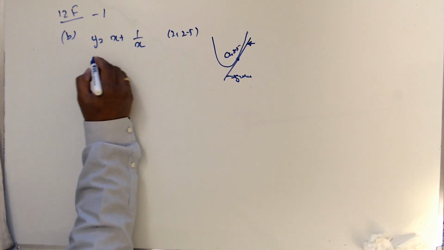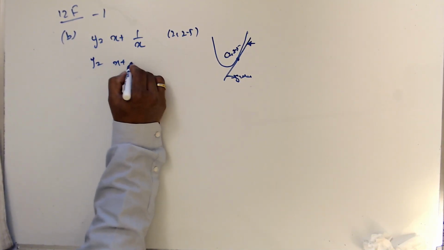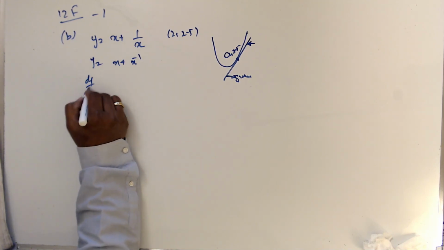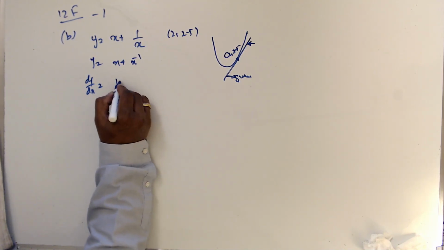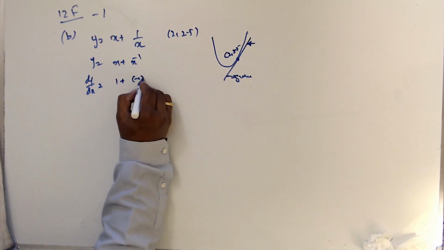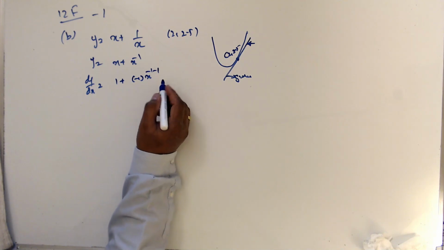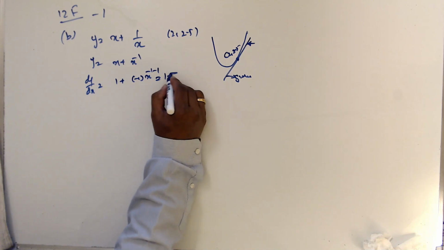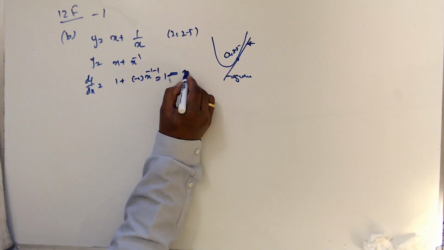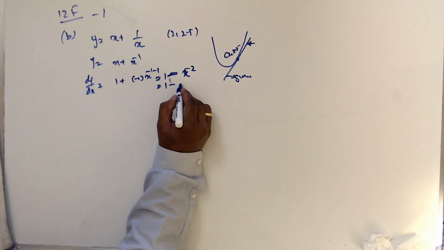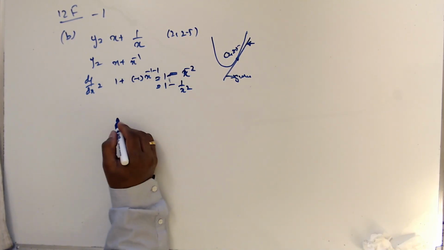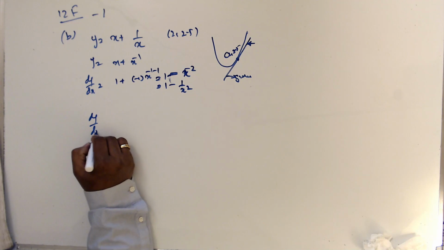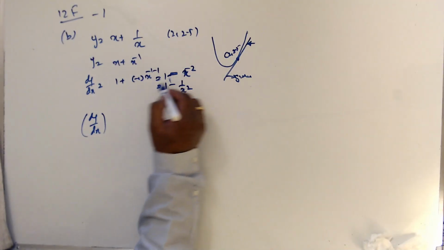So y equals x plus x to the minus 1, dy over dx is 1 plus minus 1 times x to the minus 2, which is 1 minus 1 over x squared.